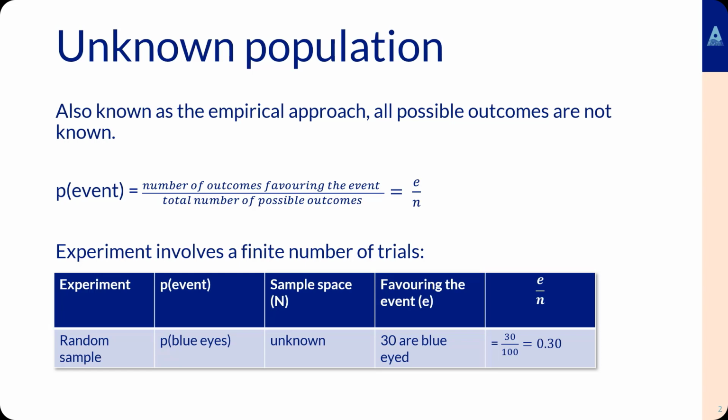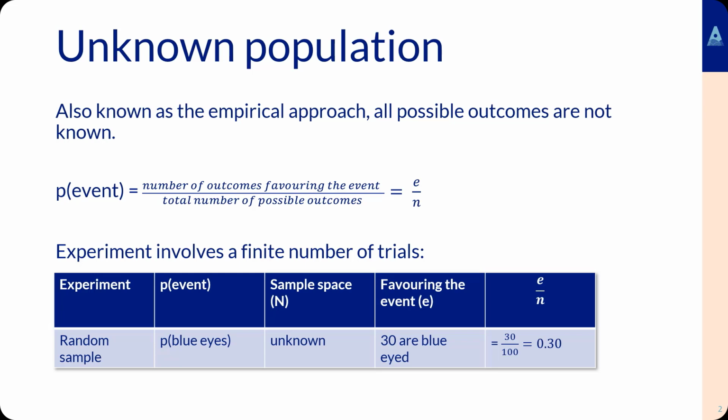So we happen to take a trial of 100 people, and we find that 30 of them are blue-eyed. So from our sample, we set N to be 100 because that's the sample size, and we found out that E was 30 by counting, and then we found the probability that a person is going to be blue-eyed from this is 0.3, 30 over 100.